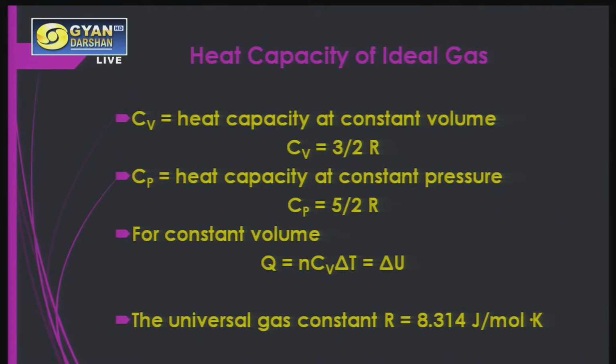And Cp is 5 by 2 R. This is how you give the values of Cv and Cp, and on the basis of that you calculate Q. For constant volume it will be mCv delta T, and generally it is equal to delta U. For a constant pressure process, it will be mCp dT, and that will be equal to the change in enthalpy.